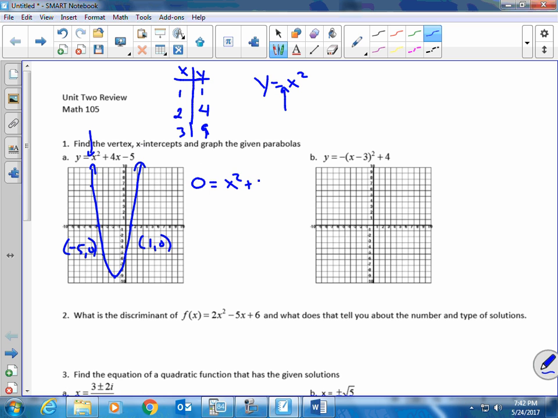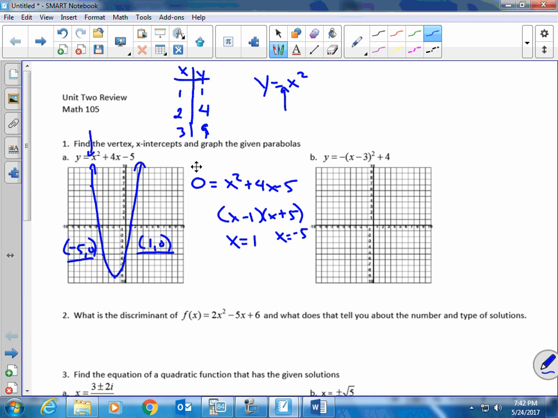And so I go back to my solving techniques, and I solve that using one of my techniques. I'm going to try factoring that. Factors of 5 that will subtract give me 4. 5 and 1. I need a positive 4, so I need a positive 5 and negative 1. What makes each factor 0? Well, 1 makes that factor 0, and negative 5 makes that factor 0, and we end up getting the exact same x-intercepts as our graph, which is a good thing.